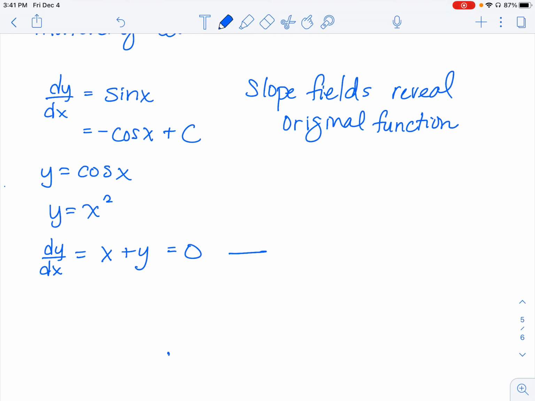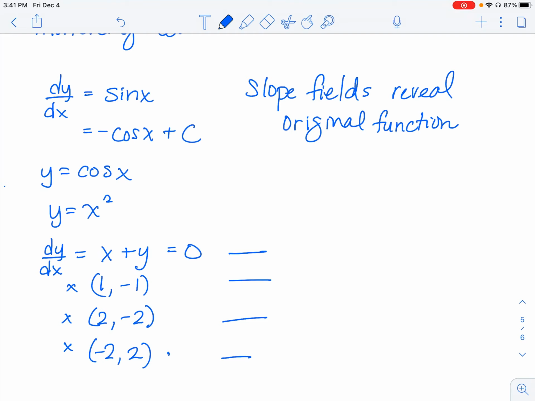Well, it just so happens that 1 comma negative 1, if I add those guys, it will be 0. 2, negative 2 will be 0. So at these ordered pairs, I should see a horizontal line. Same thing with negative 2, positive 2. If I add those two together, okay, so if I go to these individual ordered pairs, there is a horizontal line at each of them. So that's what I'm trying to match up.